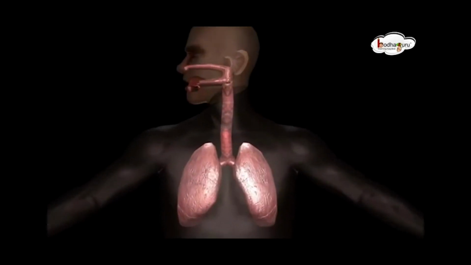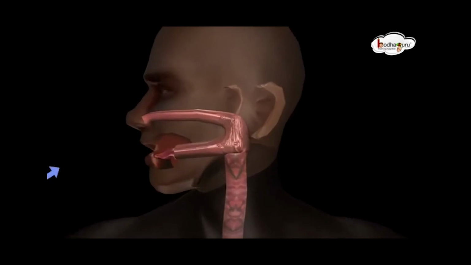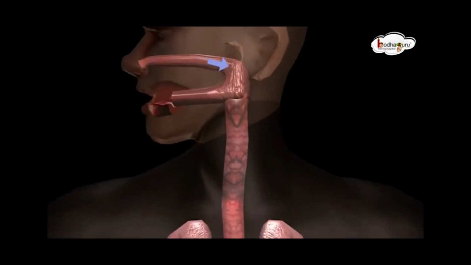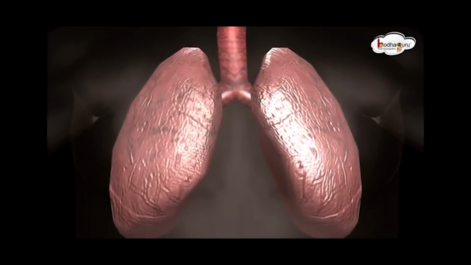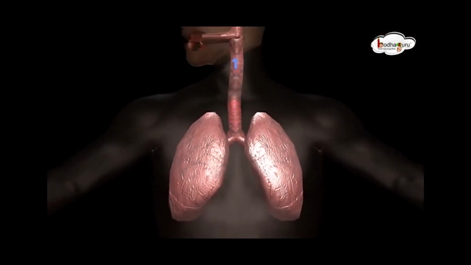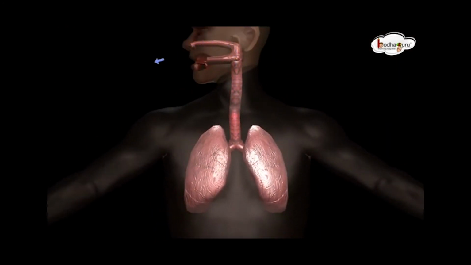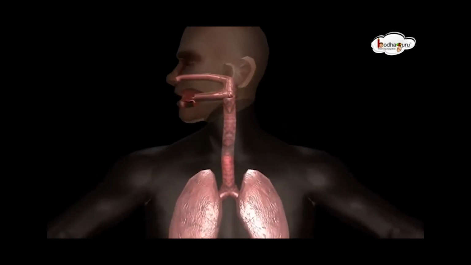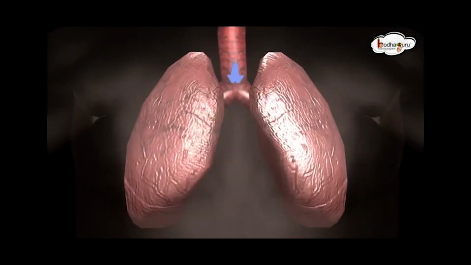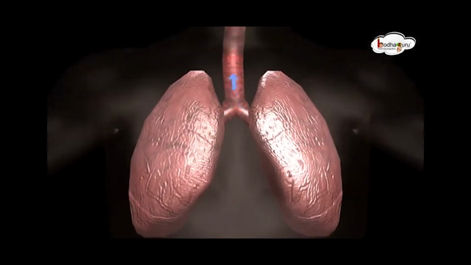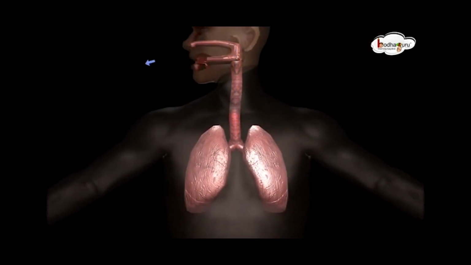The taking in of air rich in oxygen into the body is called inhalation, and giving out of air rich in carbon dioxide is known as exhalation. So, breathing comprises of inhaling and exhaling of gases. We cannot live without breathing.